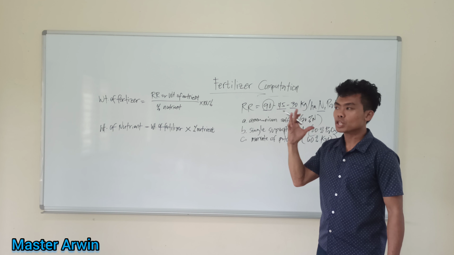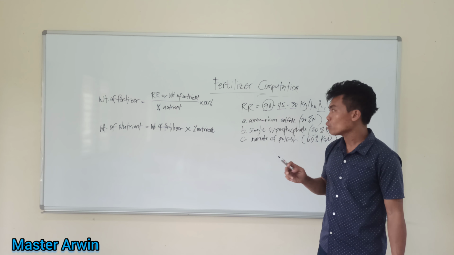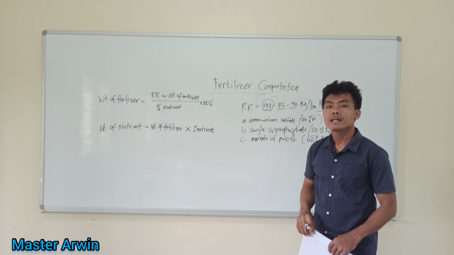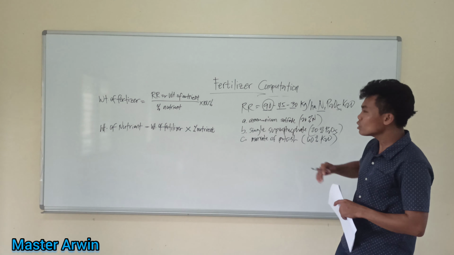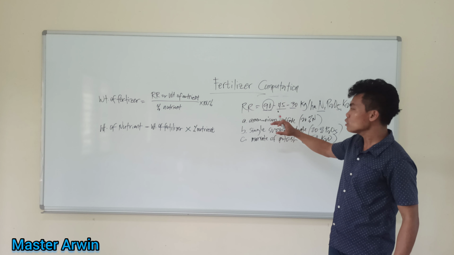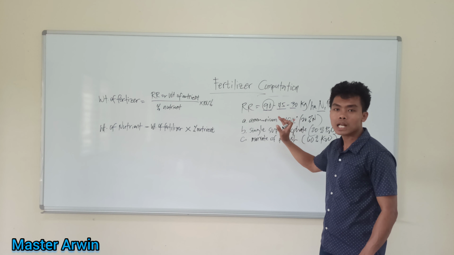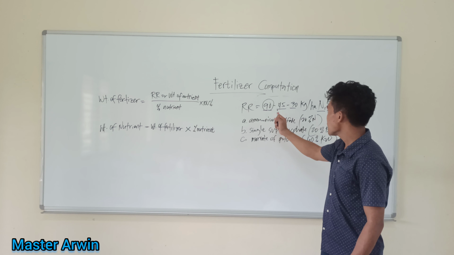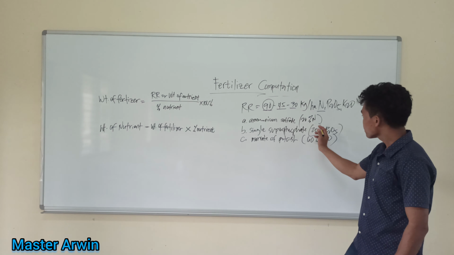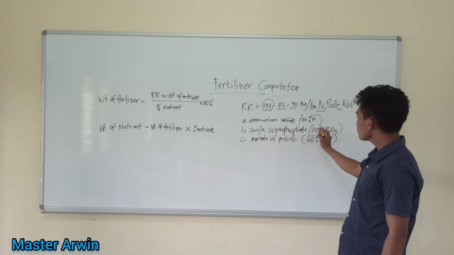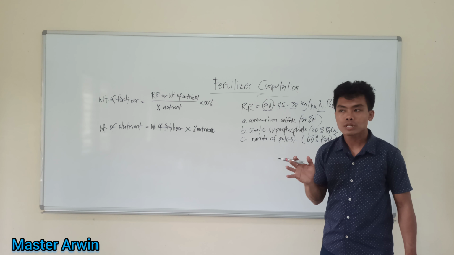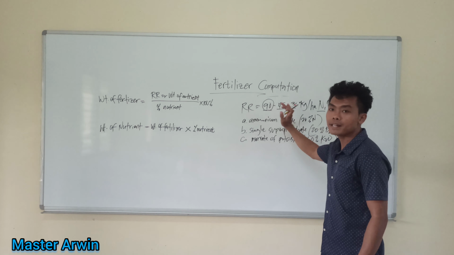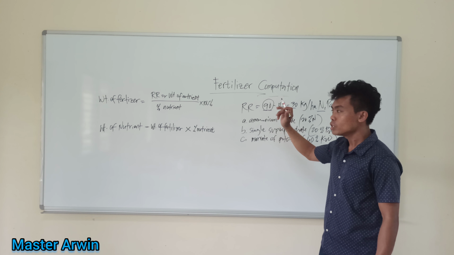So what materials should be added to the soil to satisfy the needs of nitrogen? So you will choose what fertilizer contains that particular nutrient, such as nitrogen. So here, the ammonium sulfate contains 20% nitrogen. So we will use this material to supply this 90 kilograms of nitrogen.